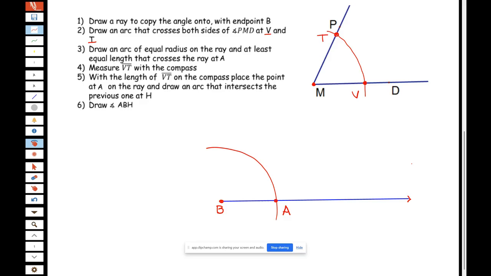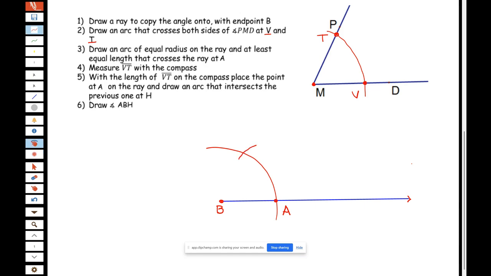Now since I have point A right here corresponding to point V, I need to find out where point T is up here on this ray somewhere. To do that, I'm going to open my compass to the measure of TV, like that's my compass opened up, and I'm going to use that length over here to mark an arc on my figure.